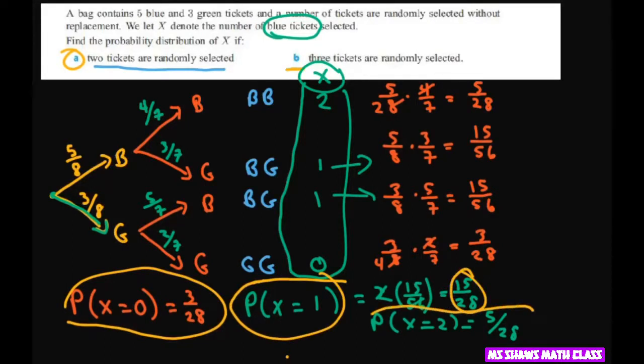All right, now we're going to do the 3 tickets. For the 3 tickets randomly selected, we're going to use the probability of all 3 being blue.